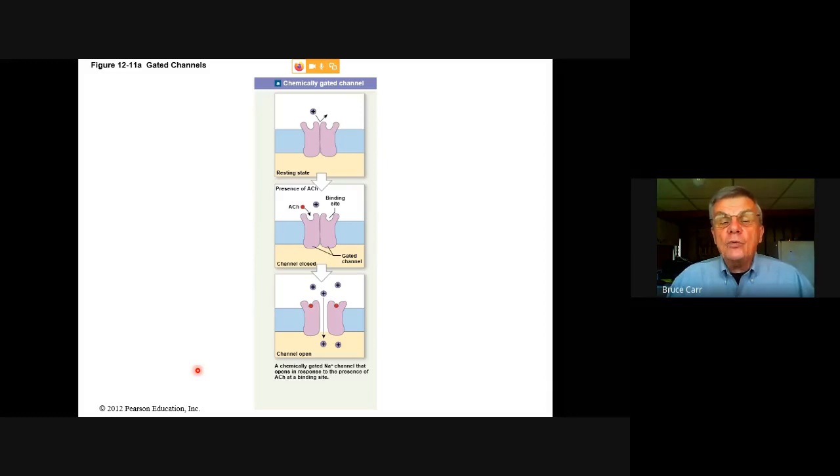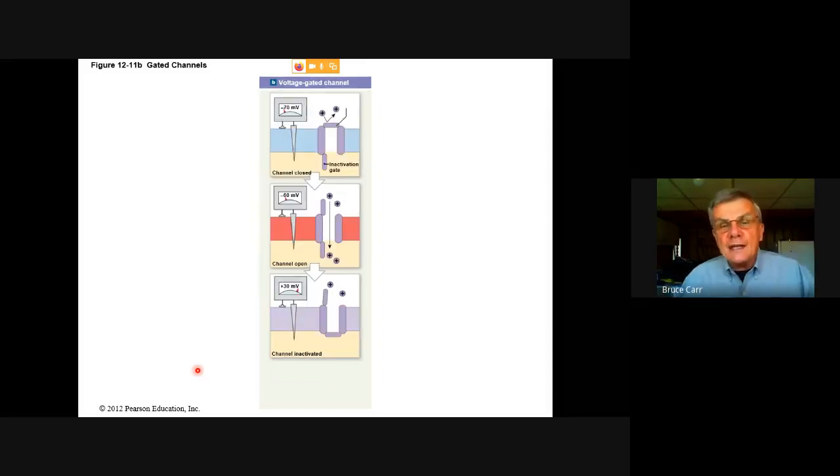However, bind it with acetylcholine, that chemically gated channel pops open and the sodium, in this case, rushes in. A chemically gated channel, because a neurotransmitter-like binding to a receptor opens the channel.